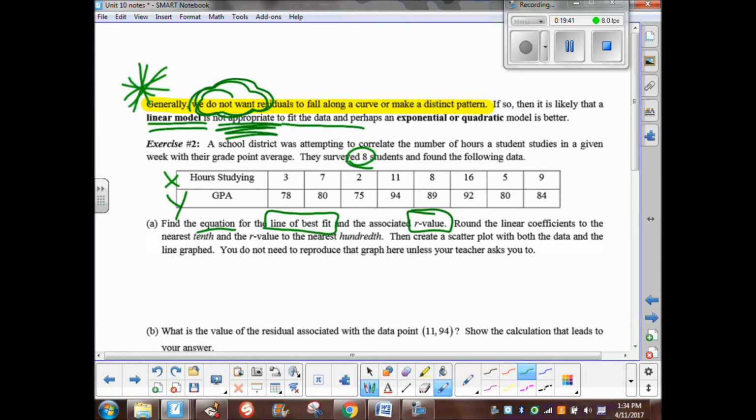They want us to round to the nearest tenth and the R value to the nearest hundredth. They want a scatter plot and the line graph. You do not need to reproduce this on your paper, right? So I'm going to pause and let's do that.